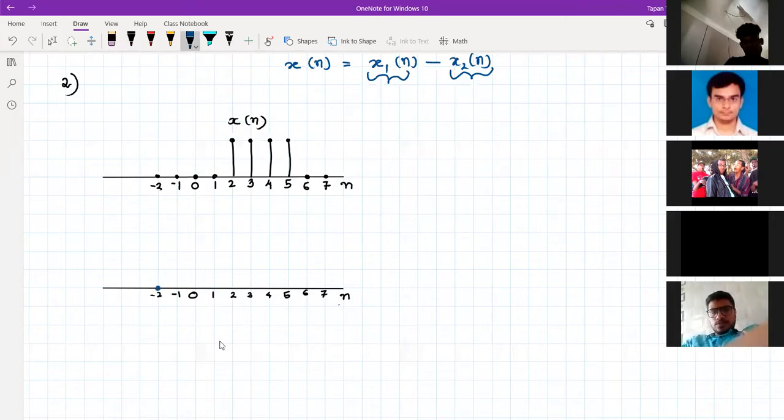It's 0 here, 0 here, 0 here, 0 up to 1, and then from 2 onwards, I draw 1.